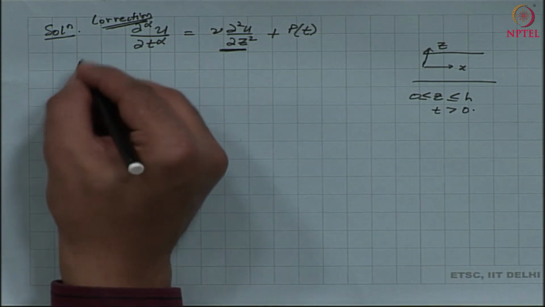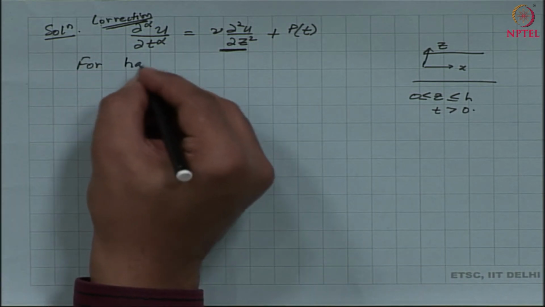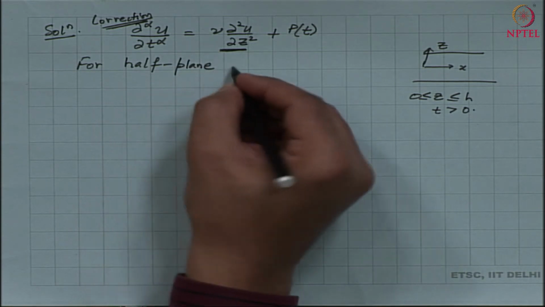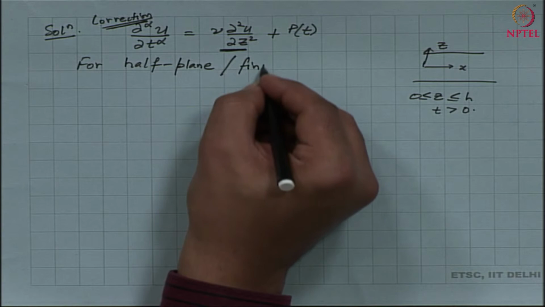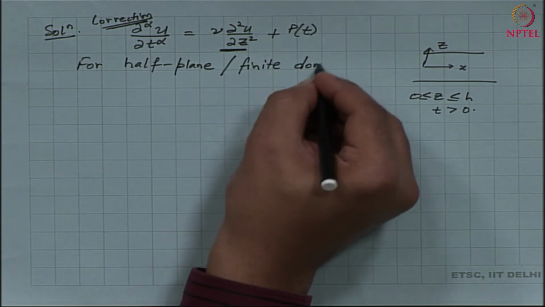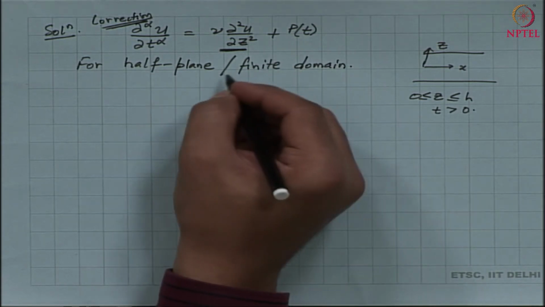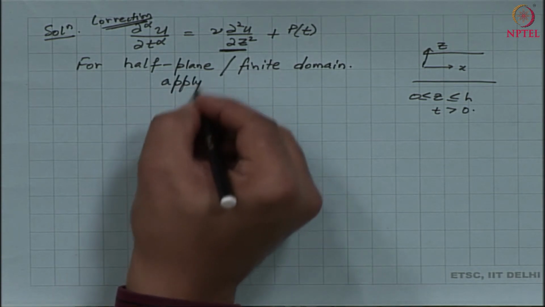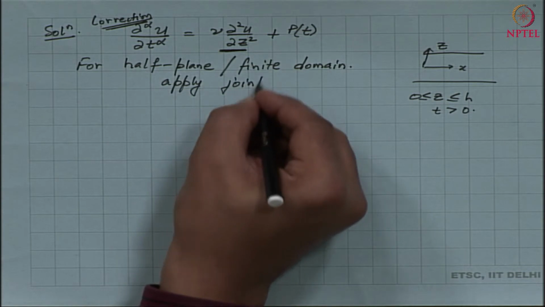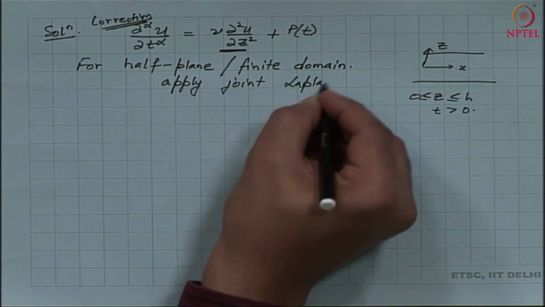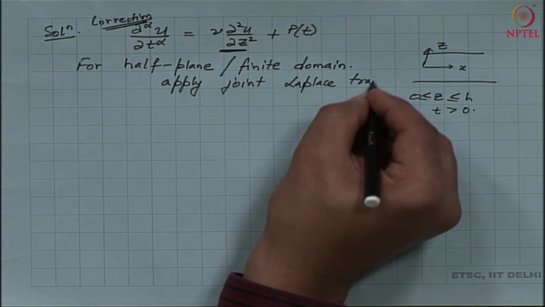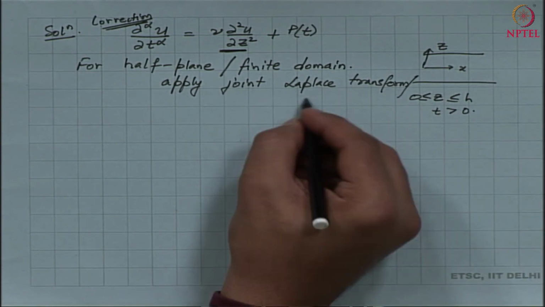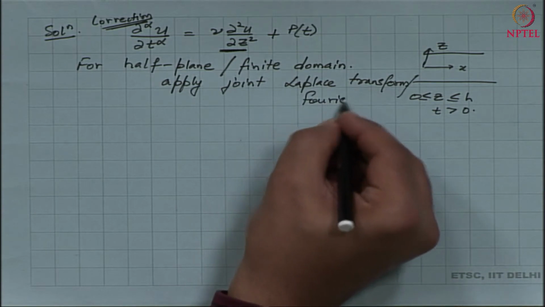So, for half plane or finite domains, for half planes or finite domains, in this case we apply Laplace transform, but Fourier series. Okay. So, Laplace transform, but Fourier series.